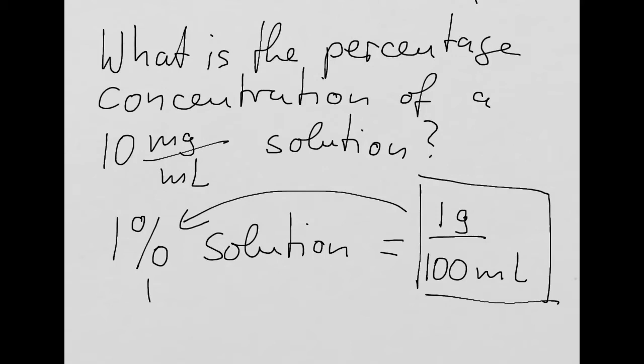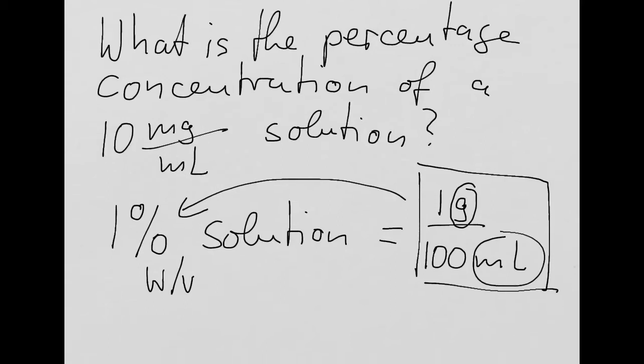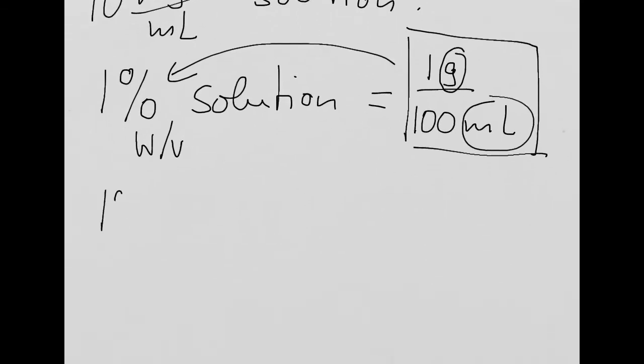And this weight per volume, don't worry too much about that, because that just indicates that we are talking about weight per volume, gram per milliliter. We can occasionally have solutions that are 1% volume per volume.